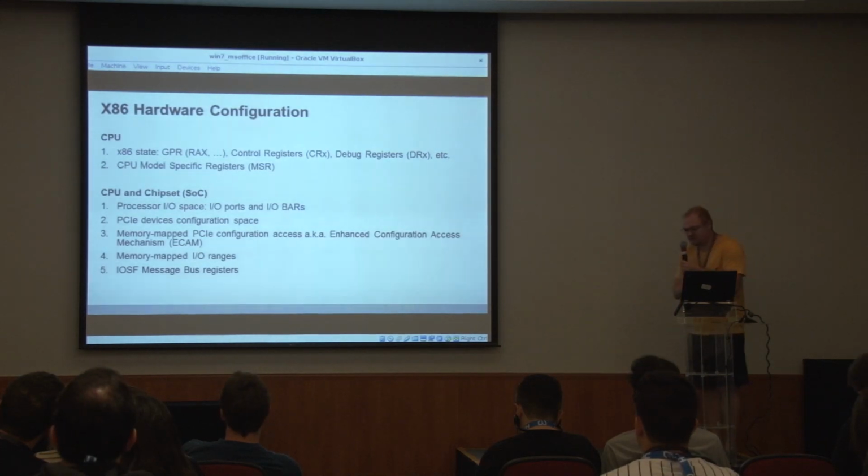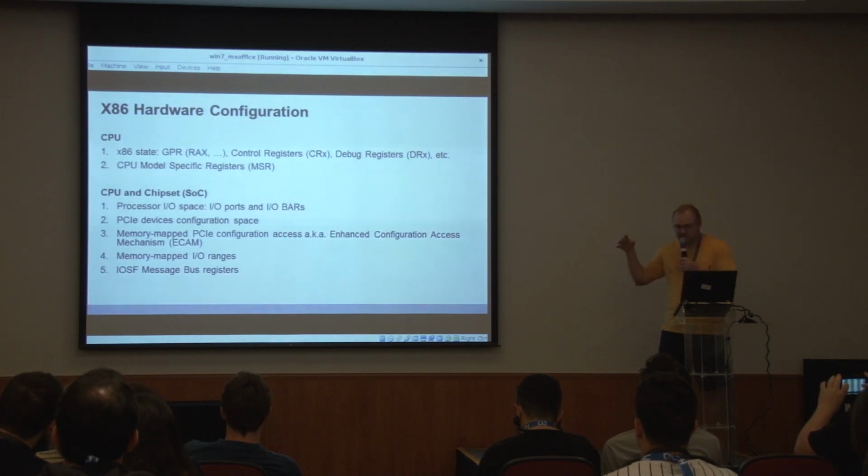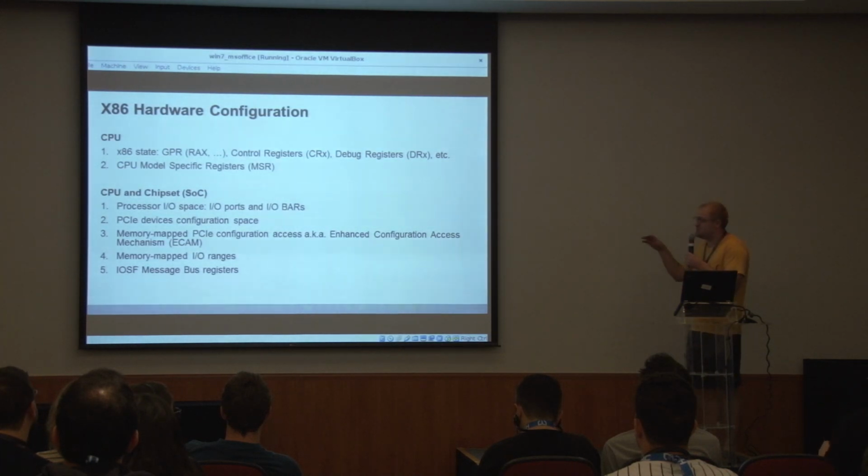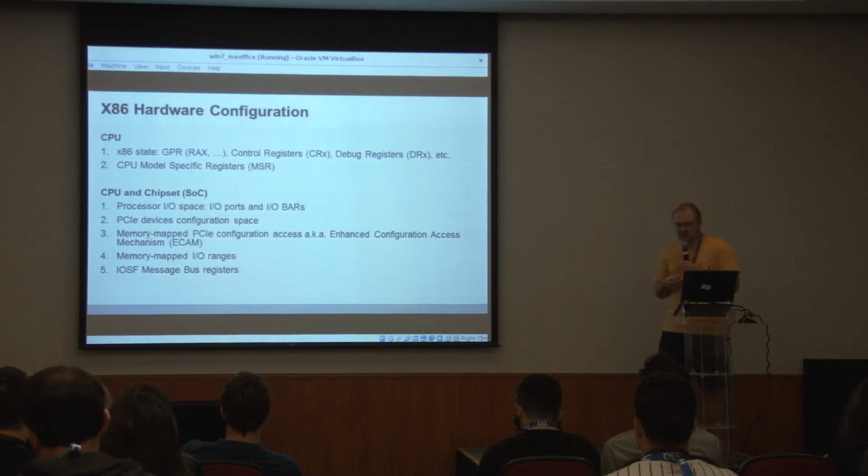Anyway, let's talk a bit about the hardware interfaces. For x86 hardware interfaces, I split them into two categories: CPU interfaces and SoC interfaces. From the CPU perspective, there is the CPU state, obviously some general purpose registers and other stuff, and also the MSR, model specific register.